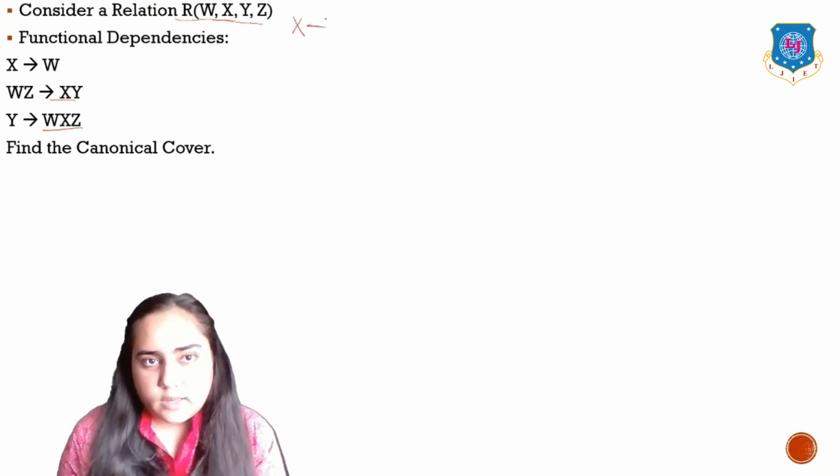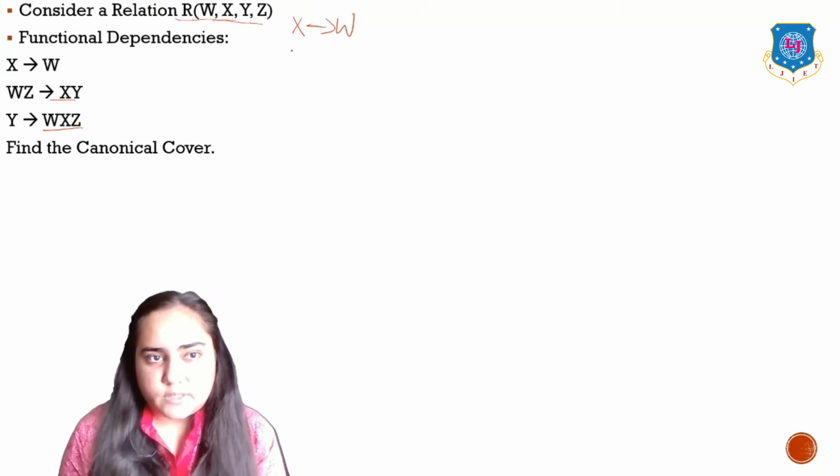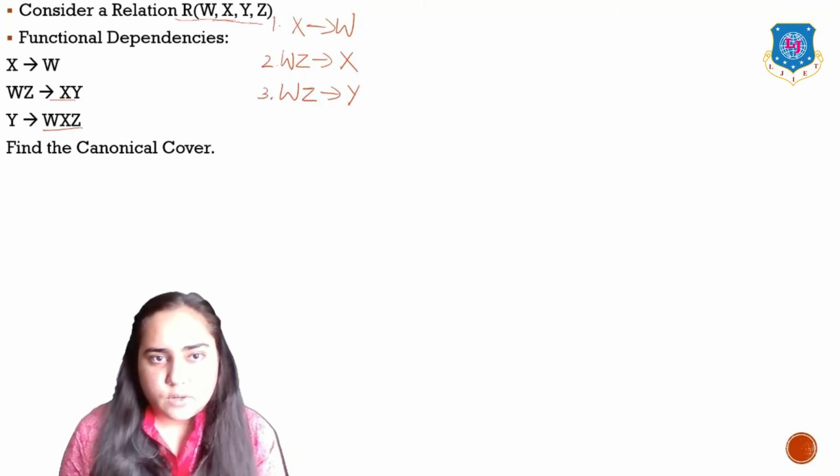Here, X determines W is present as it is. WZ determines X. WZ determines Y. Let me also give them numbers so it's easier.